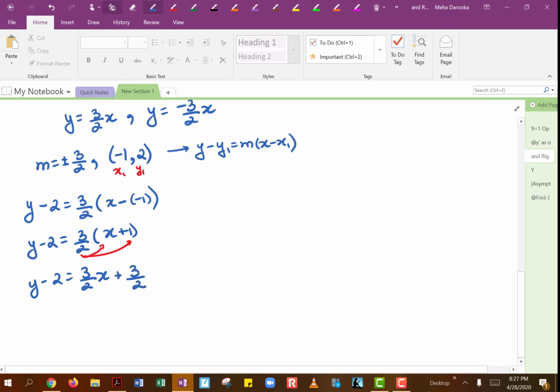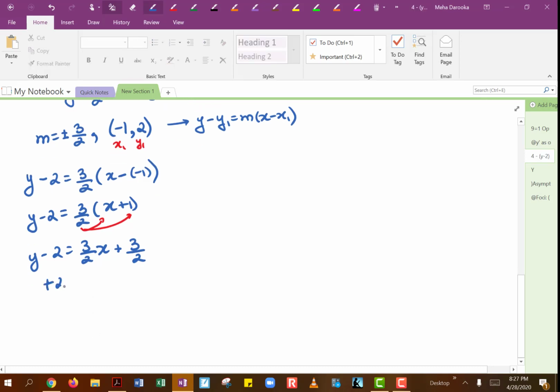Add that to the other side and get y by itself, and this is how you come up with the equations of your asymptote. So you will end up with y equals 3/2 x, and then you are adding 3/2 plus 2. You have to find a common denominator, so multiply by 2. You get 3 plus 4, which will give you 7, and you end up getting y equals 3/2 x plus 7/2.